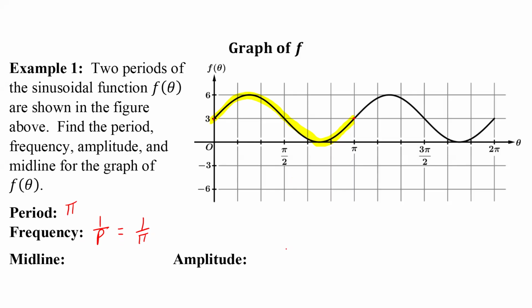Your midline is the average between your max and your min. So our max is at 6, our min is at 0. So we have 6 plus 0 divided by 2, which is 3. So our midline is at y equals 3.